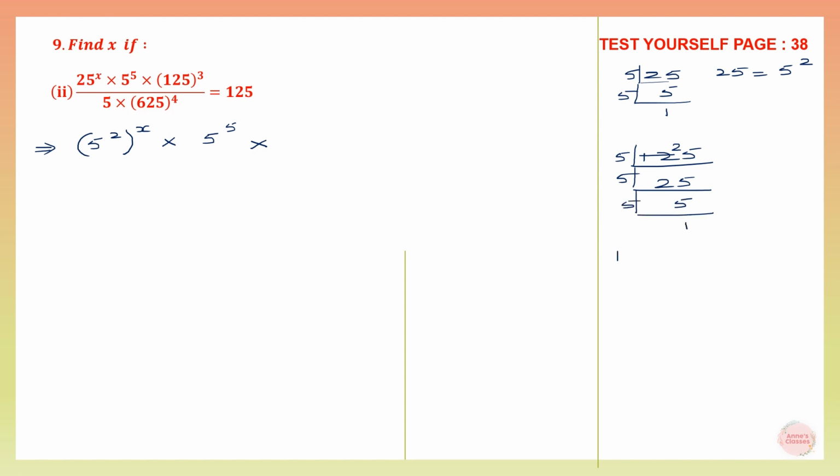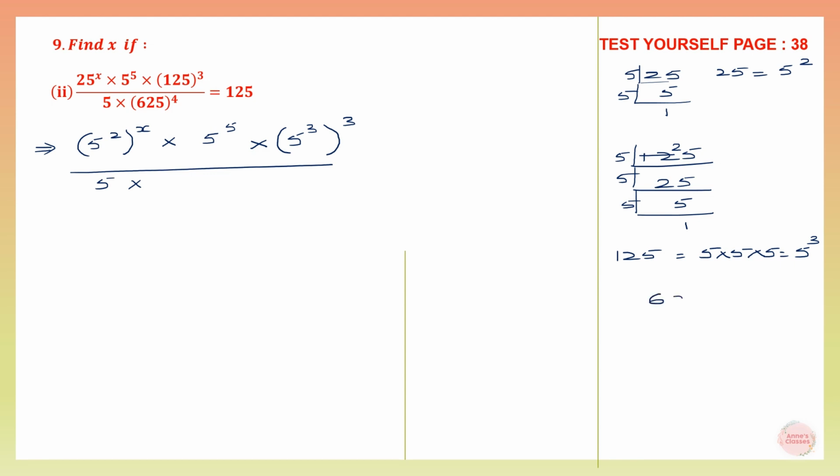So here 125 can be written as 5 into 5 into 5, which is 5 raised to the power of 3. So this is 5 raised to the power of 3, which is 125, and that is already raised to the power of 3. Now in the denominator we have 5 into now 625.